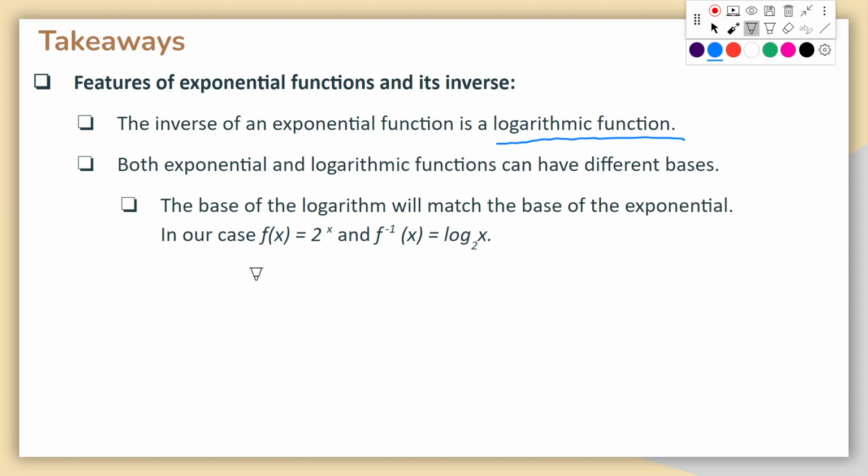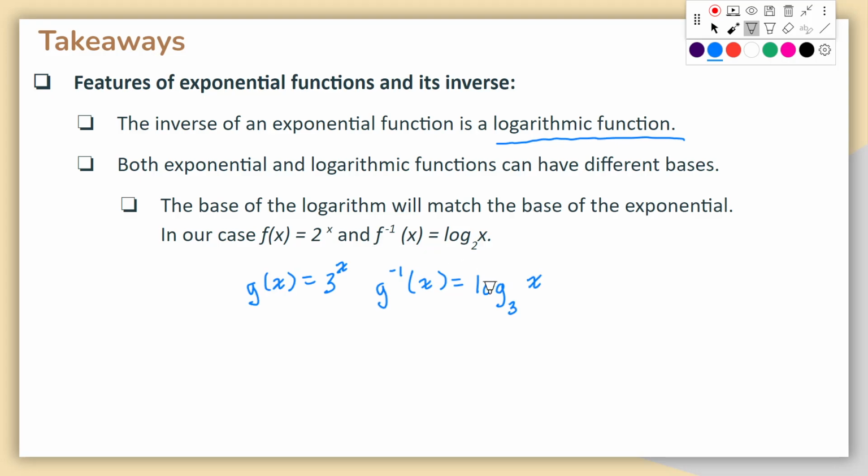If I had, let's change it to a different function name, g of x equals 3 to the x, then the inverse of g of x will be log base 3 of x.